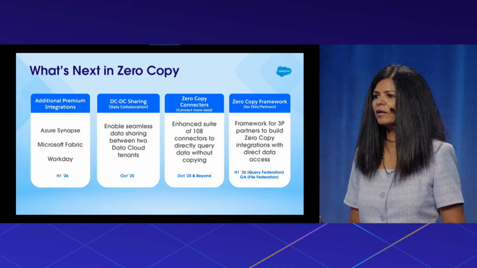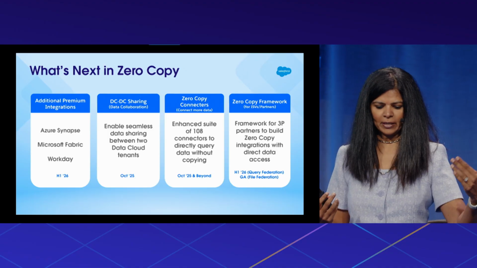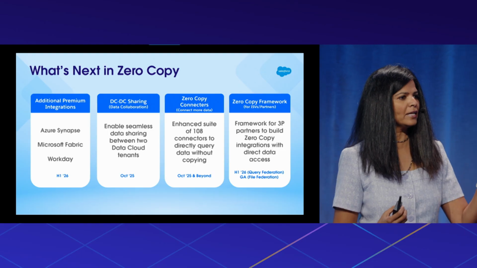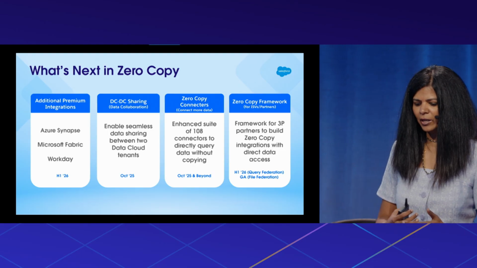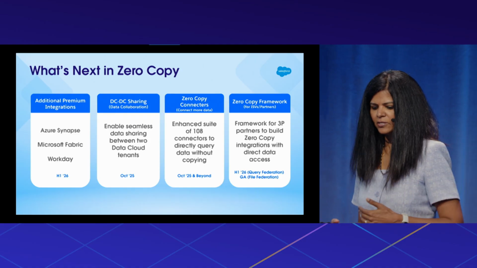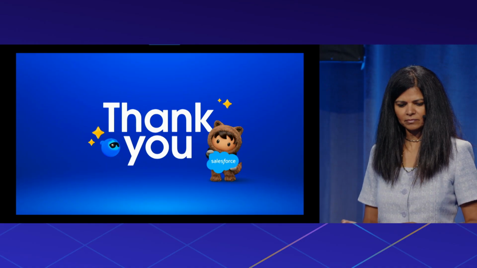We have more connectors coming that are going to be on the zero copy foundation. So we're going to have 108 connectors that are going to allow you to directly query data without copying it. And then we are going to be expanding our zero copy framework for ISVs and partners so that they can build zero copy integrations that will be available as well.